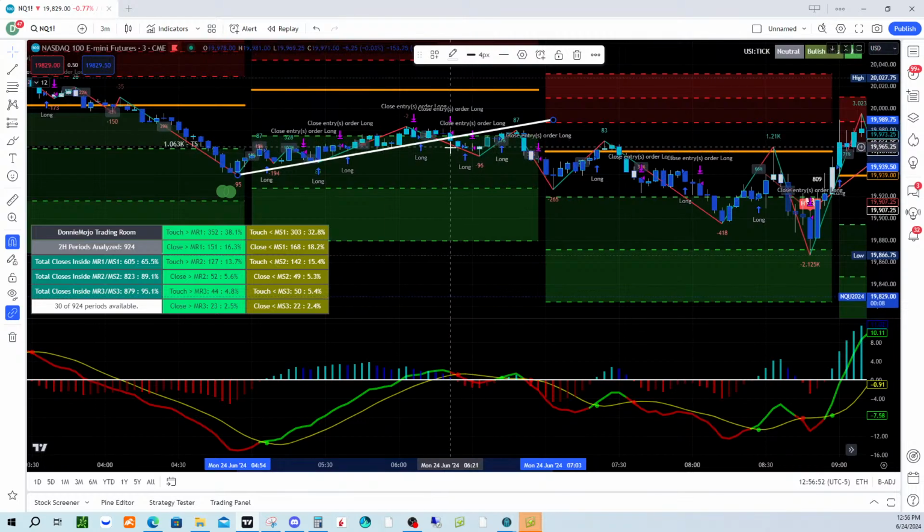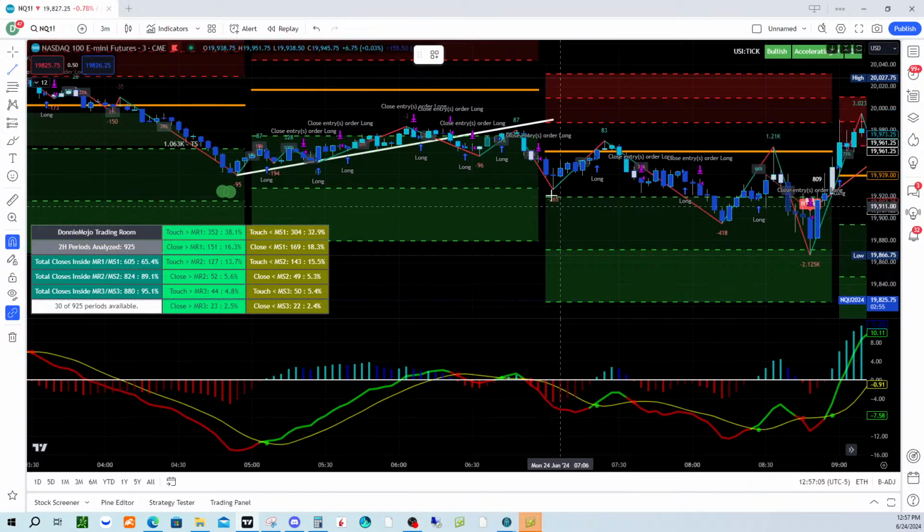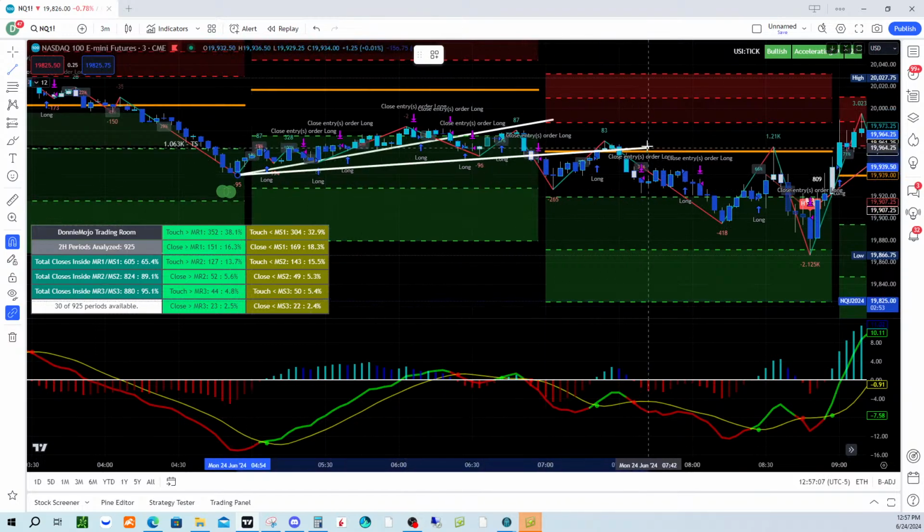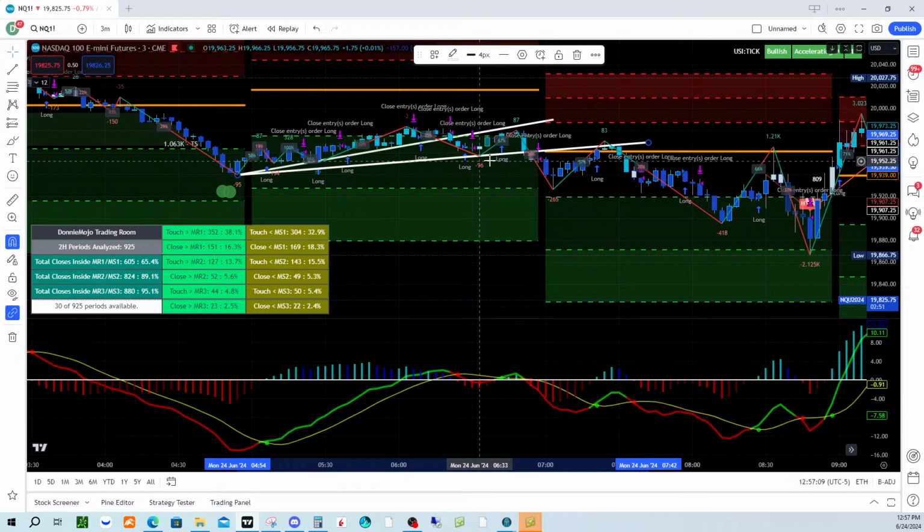These are 3-minute bars. So you got 3, 6, 9, 12, 15 minutes right there of cushion to manage the trade. And these are just small trades, but I'm just trying to give an example of what we're looking at. So you got this long signal here. I just drew a trend line from this low to that swing low there.